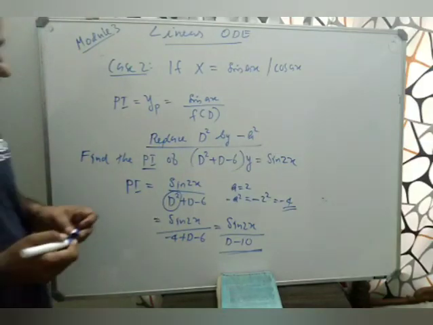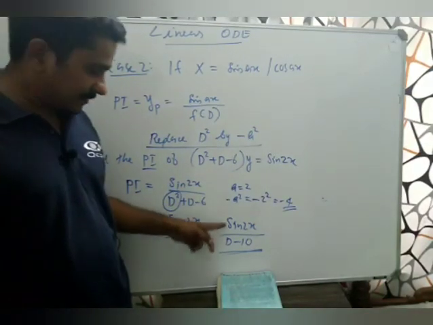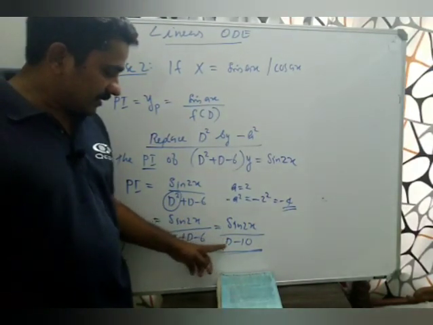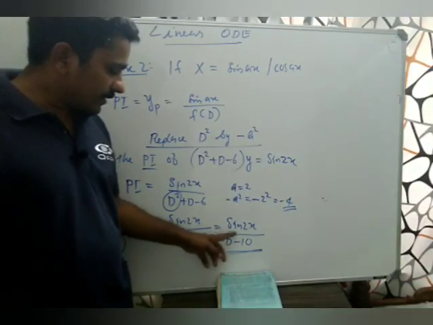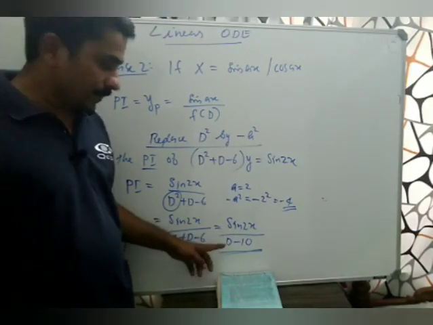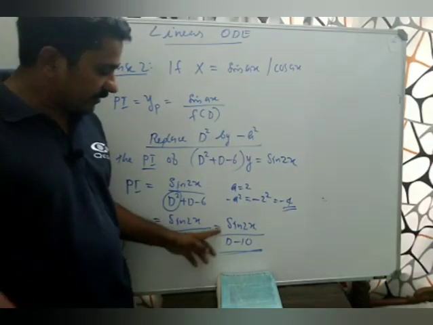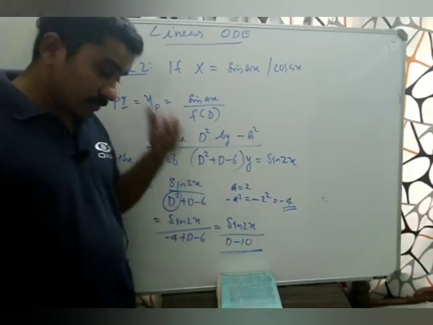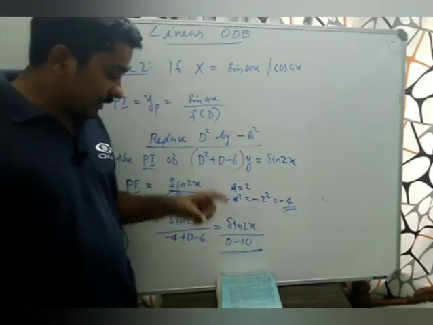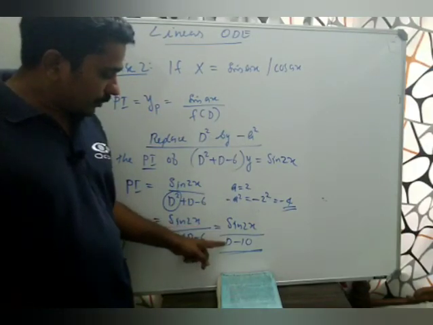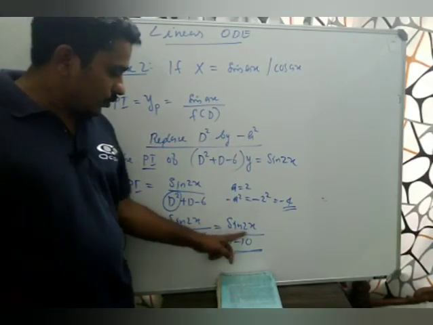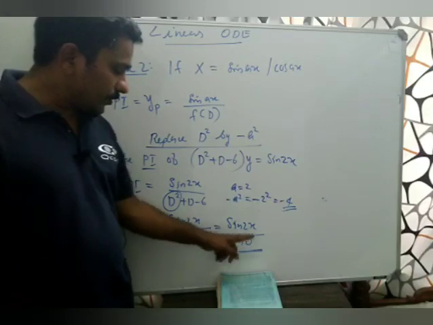But still this is not complete, right? See, the denominator contains again a D. So however, we have to eliminate that one also. So what we are going to do is just multiply both numerator and denominator with the conjugate of this one.